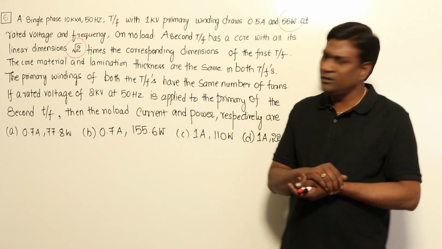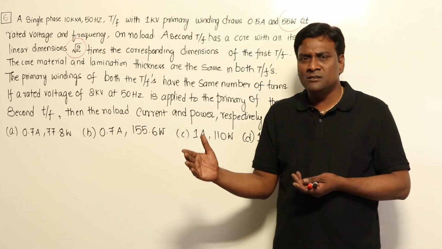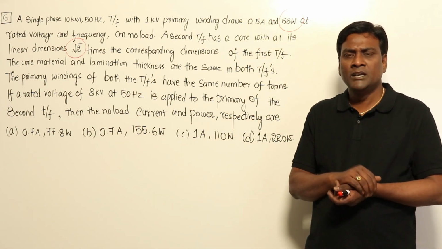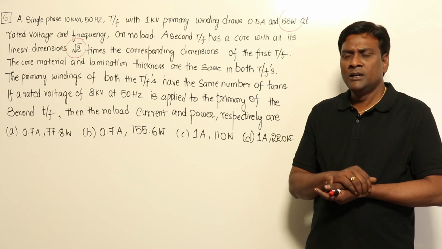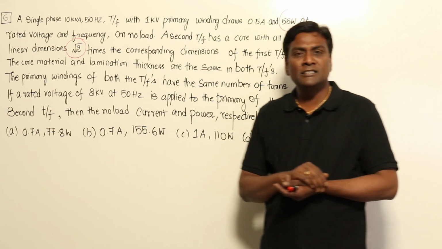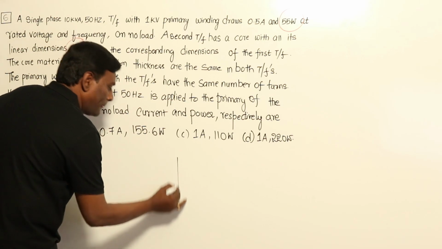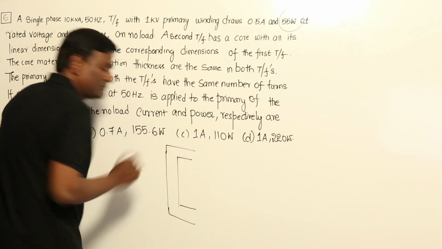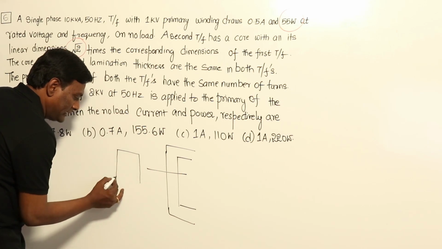Similarly, let us map that to iron. In copper, current density is constant, and in magnetic material or core, flux density should be constant. Now in the second case, my linear dimensions are increased by √2 times. So the logic here is, if this is the length of the limb, and if I cut it, this is the area of cross section of the core.